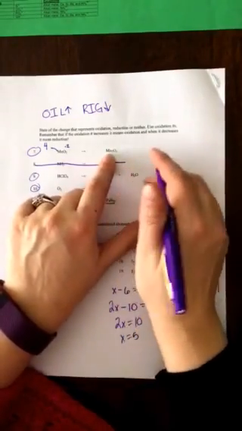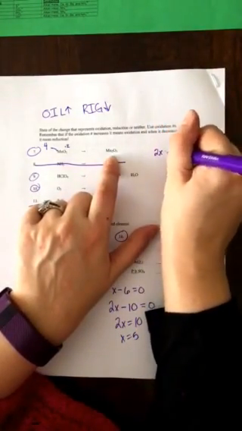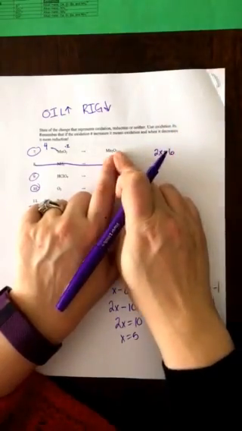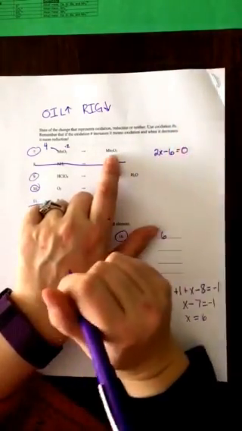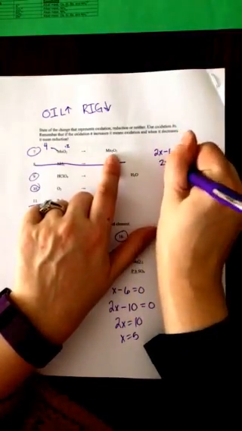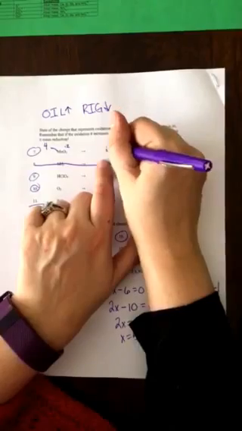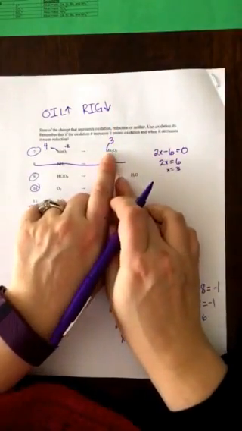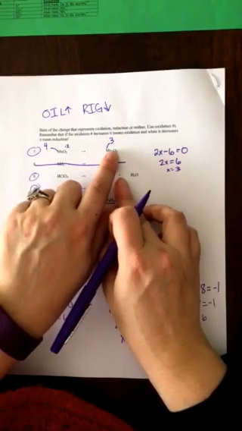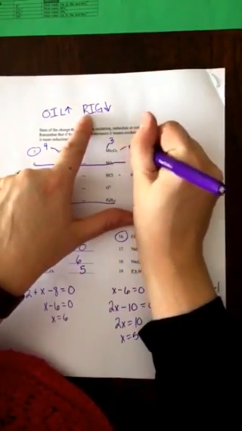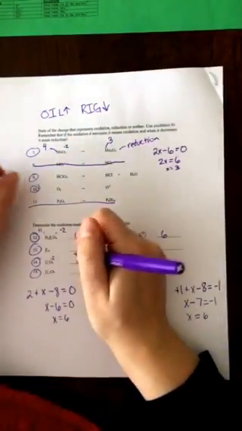In this case, if we do the math again, 2 times manganese minus 6, because the oxidation number of oxygen is -2 times 3, has to equal 0. We do the math, 2x equals 6, x equals 3. So now the oxidation number of Mn is 3. It's going from 4 to 3. That seems like the number's going down. So guess what that is? Reduction. I just look at the arrow, reduction.